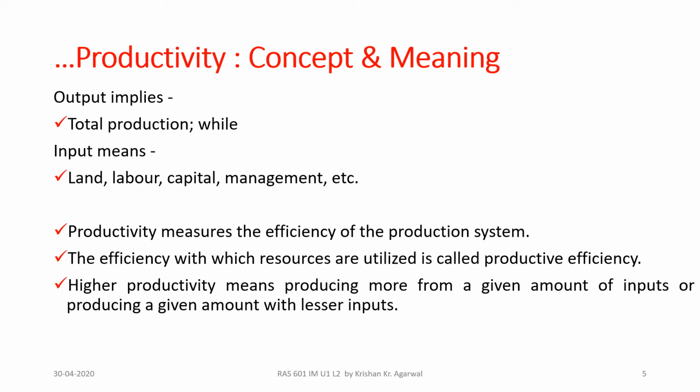What does this number actually denote? Higher productivity means producing more from a given amount of input and producing a given amount with a lesser input. Like if the outcome of productivity comes more than 1, then what does it depict? It depicts that by using fewer resources, we are producing more.